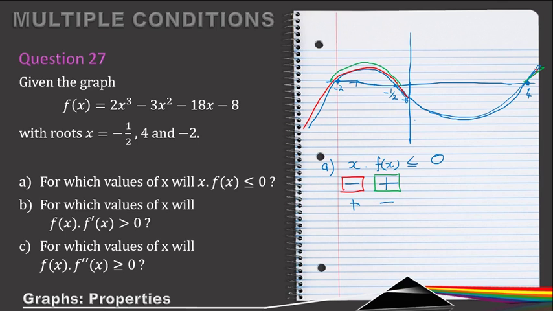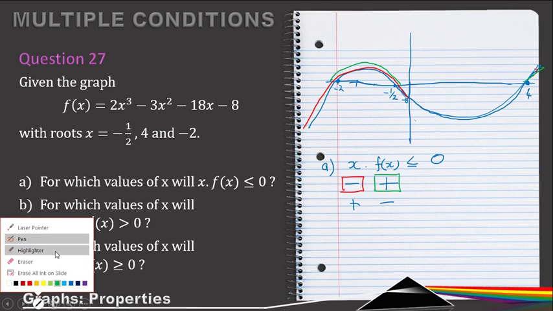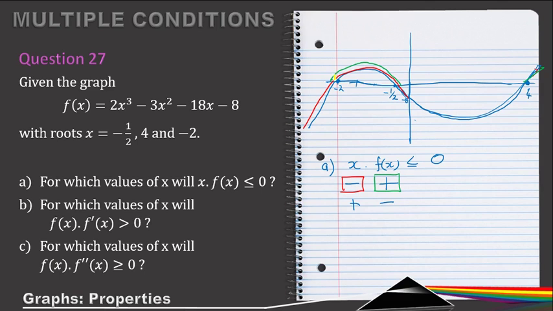All right. Now where are both true? Highlighter. From this point here and here, that's where both my x values are negative and my f(x) values, or my y values, are positive. So it's from this point, -2, up until -1/2, where both of these conditions are true.